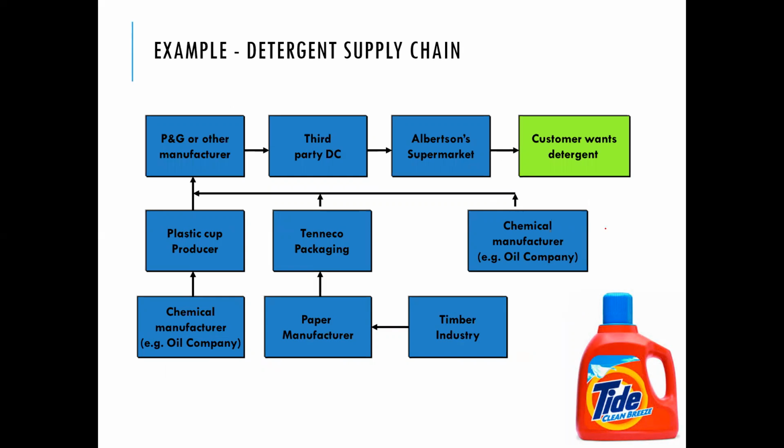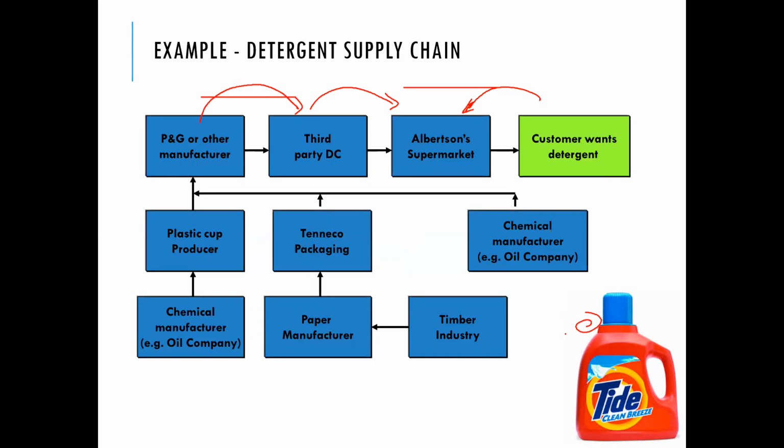So let's say you go to Albertsons, you get your product from Albertsons. However, this product has reached Albertsons through a third-party distribution center, but the manufacturer of this product, Tide, is Procter and Gamble. So Procter and Gamble must have supplied this product to the distributor.